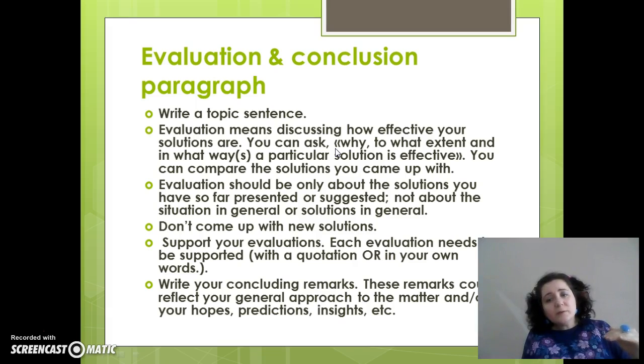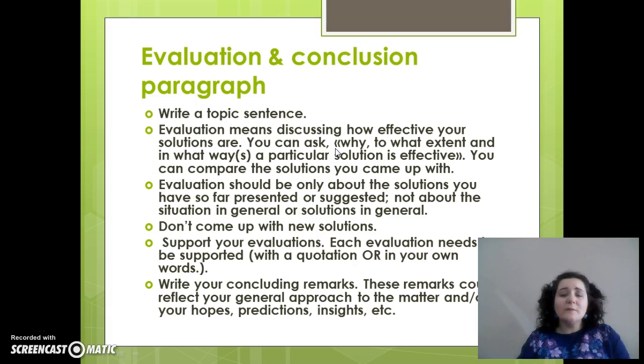So what we are evaluating is what we have so far discussed as solutions. How effective are these solutions? In what ways are they effective? To what extent and under which circumstances are they effective? These are the problems that we should be dealing with when we are writing an evaluation and conclusion paragraph.